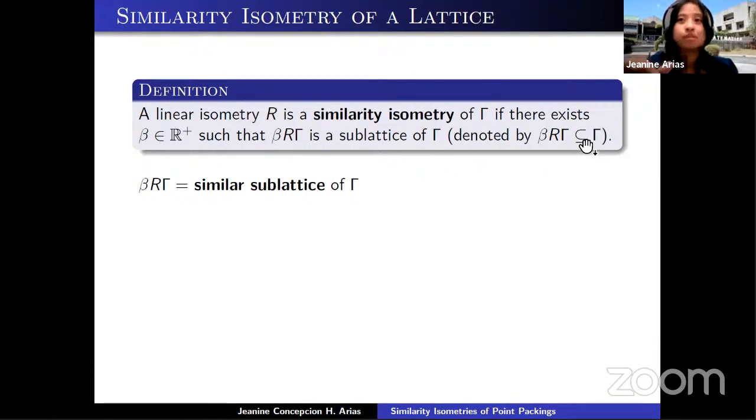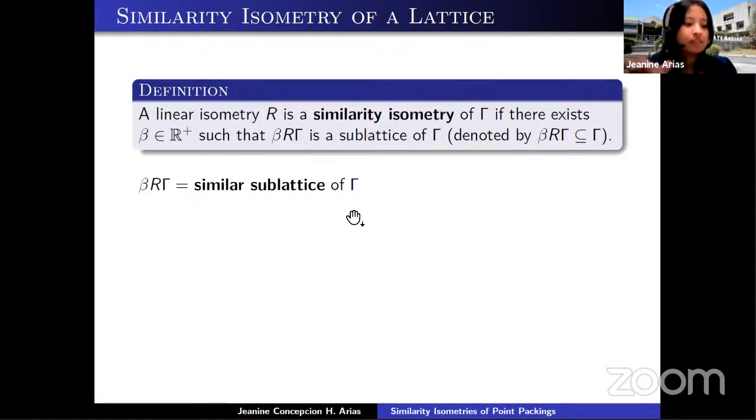We will use the symbol to denote a sublattice. Geometrically, this means that after rotation or reflection and uniform scaling, the transformed copy of the lattice must be contained in the original lattice. So here the set beta R gamma is called a similar sublattice of gamma.